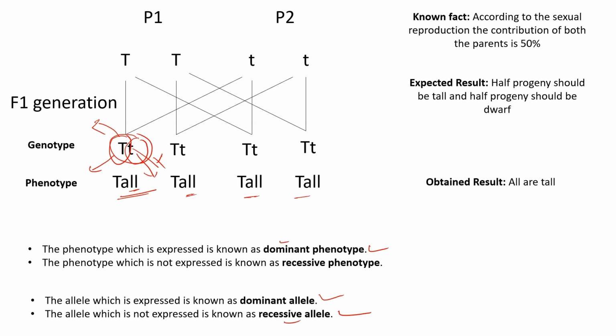So one allele should be dominant, one allele should be recessive, one phenotype should be dominant, and one phenotype should be recessive. So what is the concept of the law of dominance? It helps to establish a dominant-recessive relationship between two alleles of a gene.